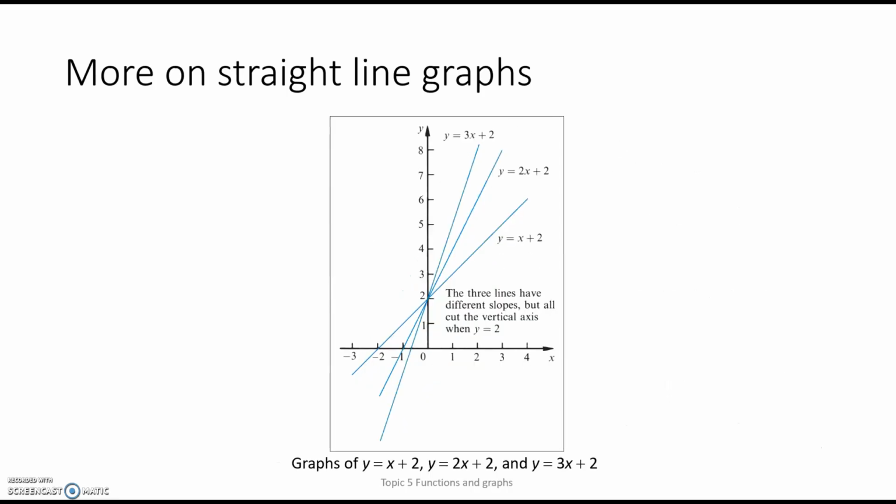If we look at these three straight lines, you'll see that no longer do they have the same number in there. This one has 3, this one has 2, and this one has a 1 before the x. But what happens this time is that they all go through the same place here at y equals 2. Now if we look at the equations, there's that bit of information reflected there.